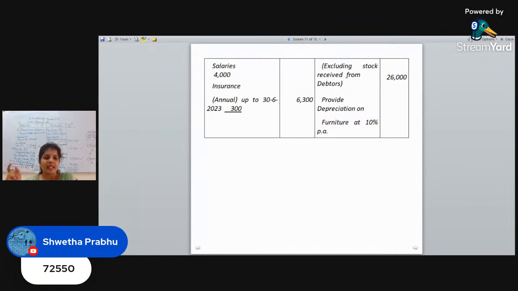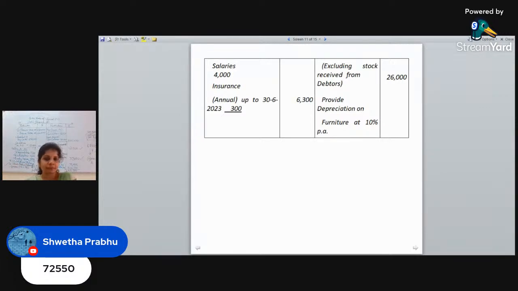Not at all. The expenditure for this year must start from 1st July till 31st December, since the branch is opening only from 1st July. But insurance has been paid till 30th June of next year.